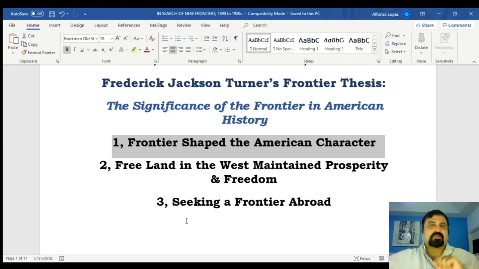If you want to compare, for example, the character of the people that live in Mexico versus those in an Asian country like Japan, or people in Europe, in places like France or England, every country is different, and the people of those countries have certain character traits.